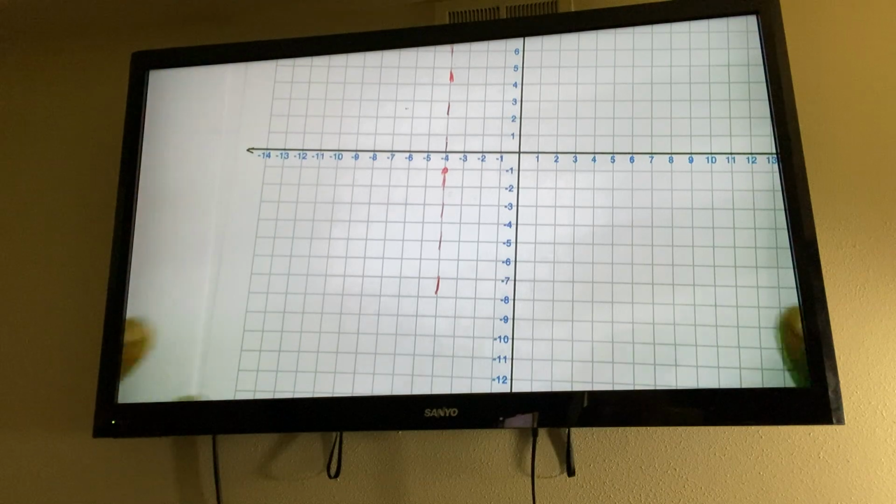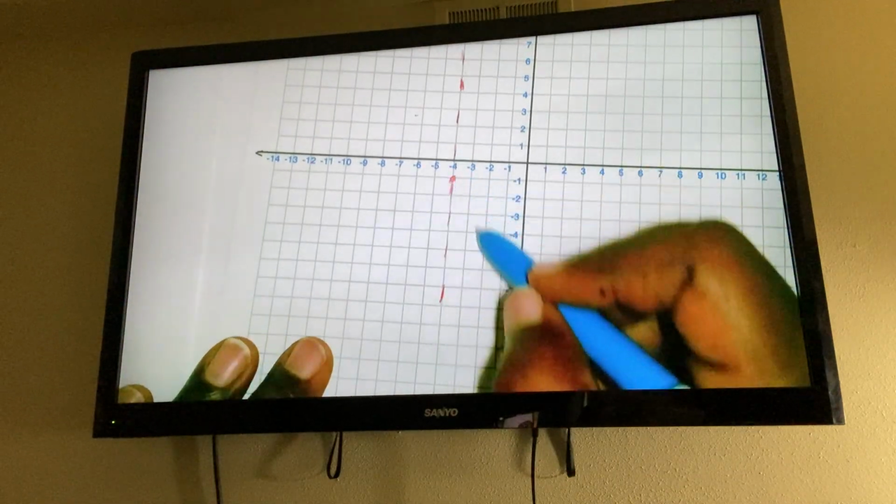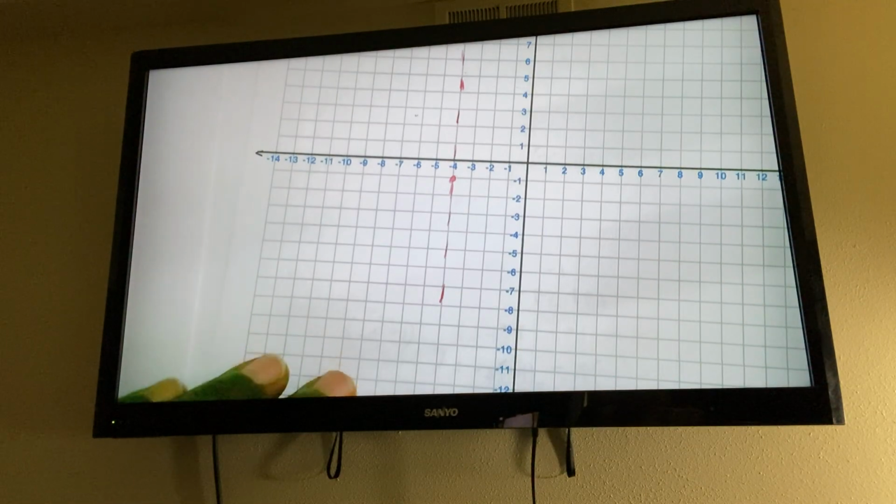Okay, so we have critical points here. We know our y-intercept is going to be way off the graph.